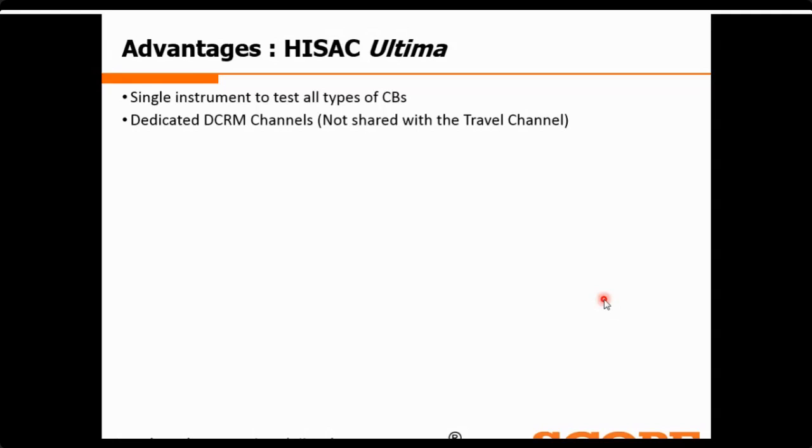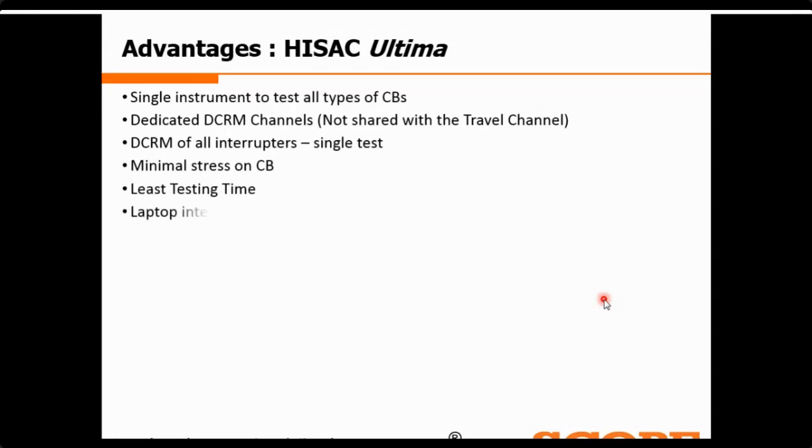We have dedicated DCRM channels for the DCRM evaluation, and the DCRM of all interrupters you can do with a single test. Whenever you do the DCRM of all interrupters of your circuit breaker in a single test, automatically the stress on the circuit breaker will be minimal and the testing time will be very, very less.